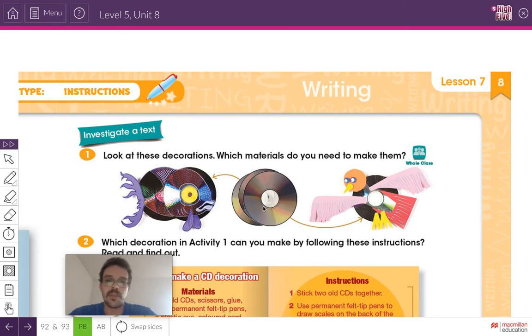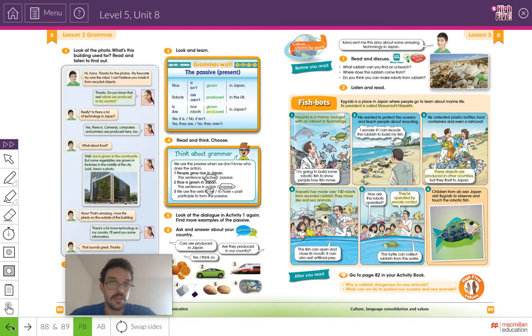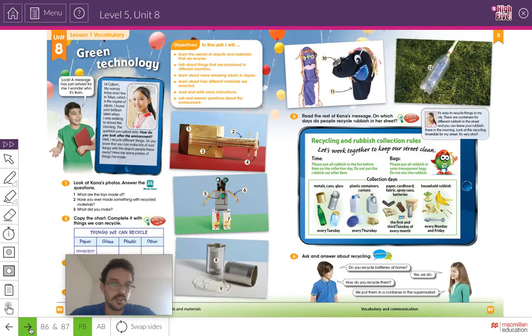So these are decorations that we've made from different materials. It says, what materials do you need to make them? Do you remember the materials? If you don't remember, we can look back in our book.